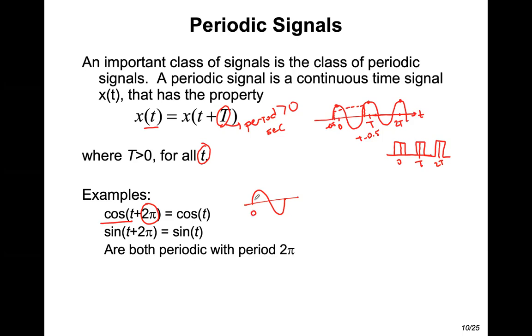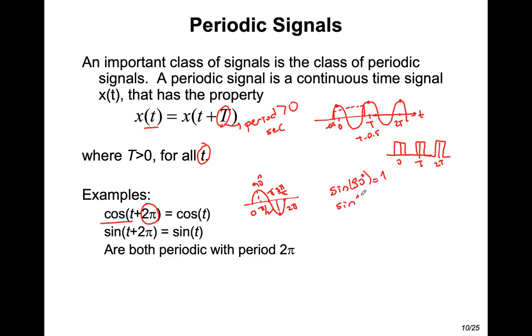So this is 0, this is pi over 2, this is pi, this is 3 pi over 2, and this is 2 pi, okay? You know pi over 2 is 90 degrees. This is 180 degrees, 270 degrees, and this is 360 degrees. So sine 90, what is it? This is 1, right?